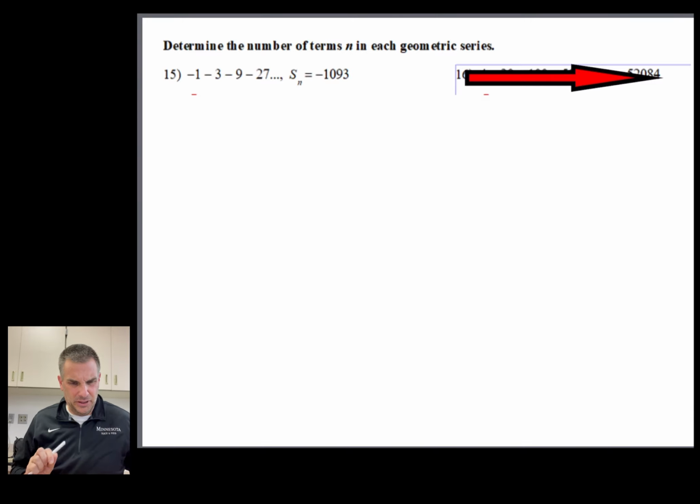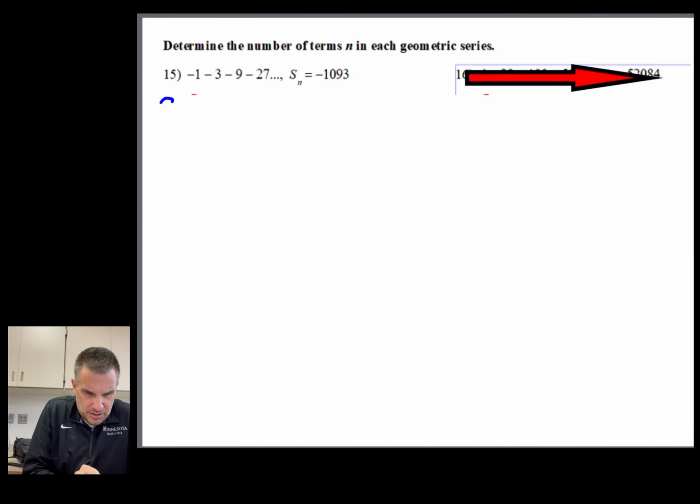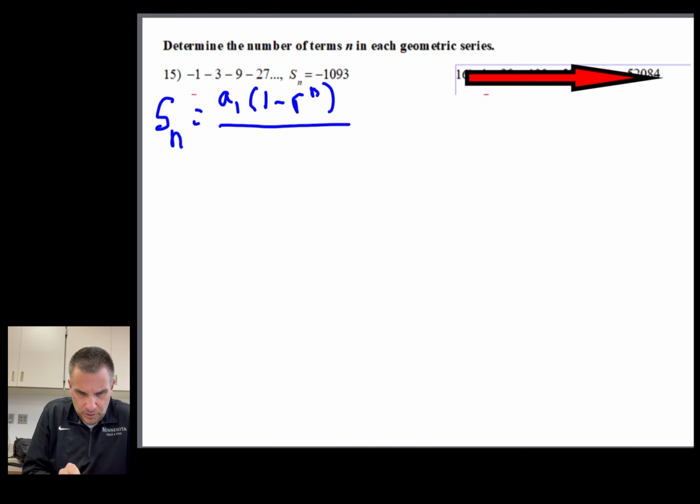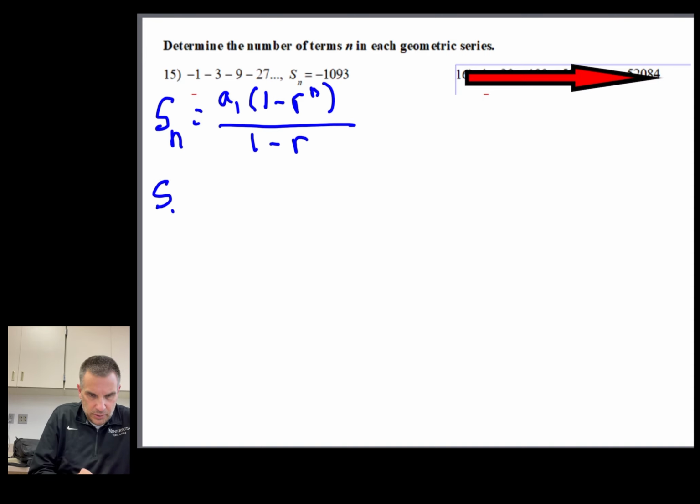We've got the formula S of n is equal to a sub 1 times 1 minus r to the nth power, all divided by 1 minus r. So let's think about what we know in this. We know the S of n. They gave it to us. Remember, S of n means the sum of. They gave us that. That's -1093.